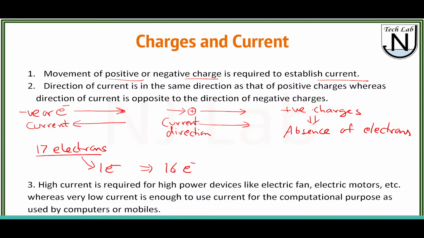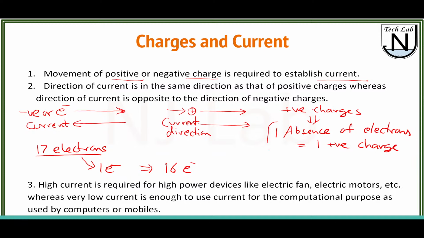Now there is an absence of one electron, and that absence of one electron, we can say, is a space for a positive charge. One absence of electron is equal to one positive charge, right?